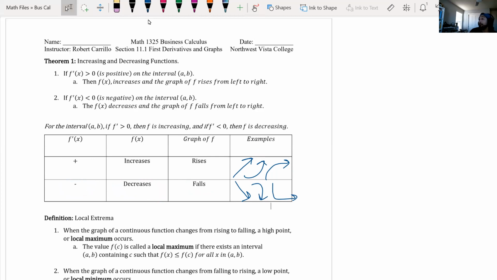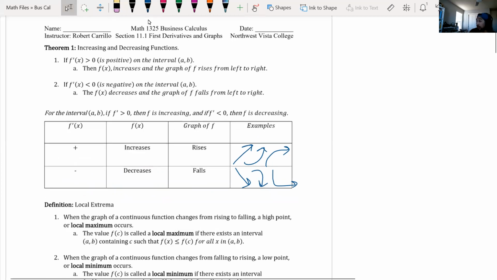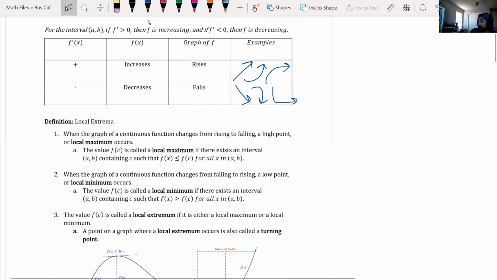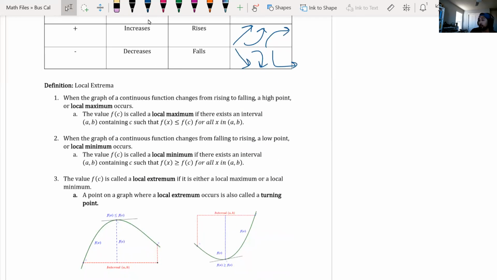So now, based on a graph increasing and decreasing, we can find things called local extrema, or maximums and minimums, local maximums and minimums. Extrema is just a fancy word to describe them. So number 1, when the graph of a continuous function changes from rising to falling, a high point or a local maximum occurs.